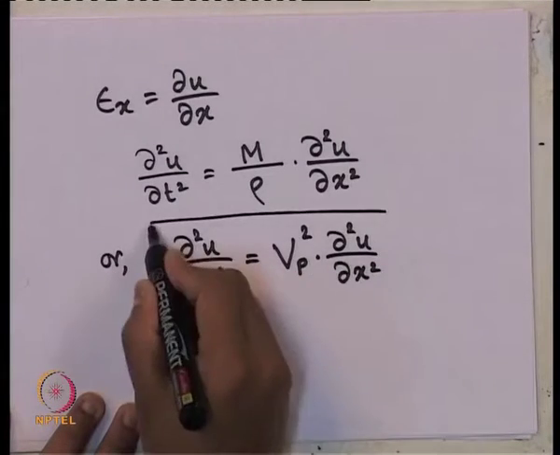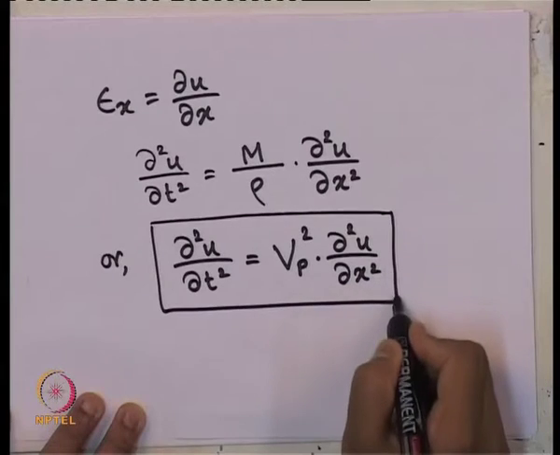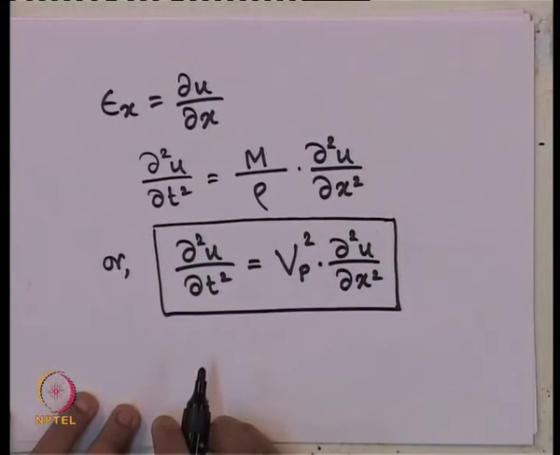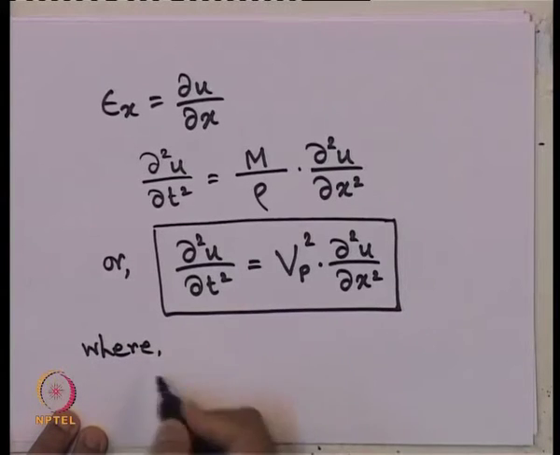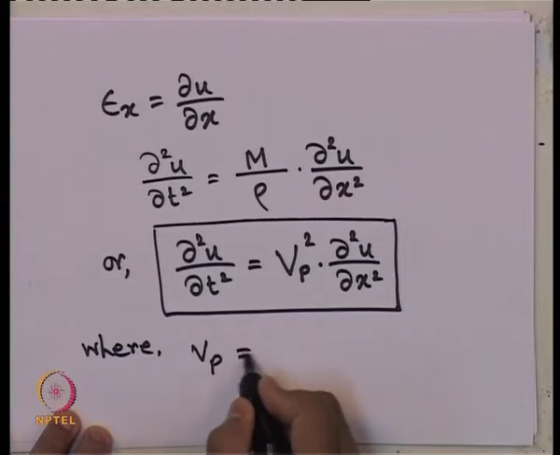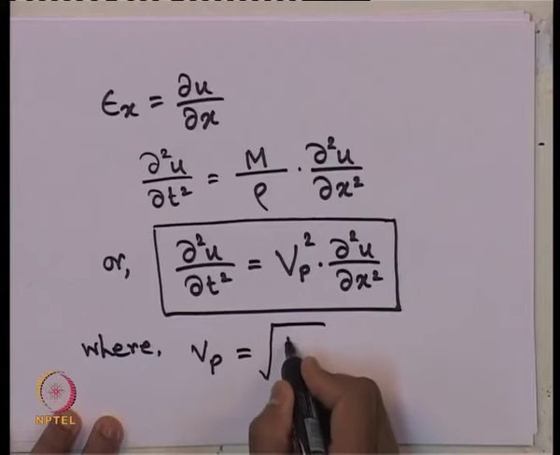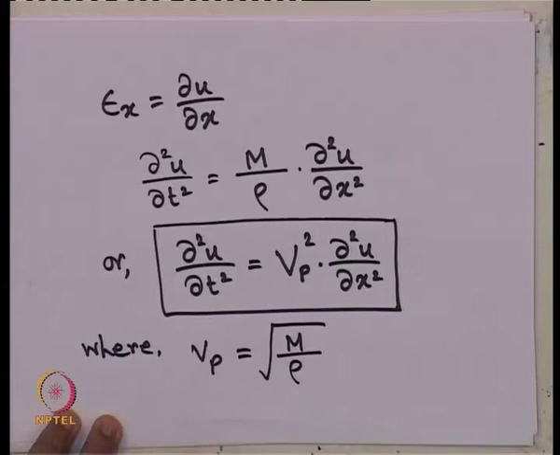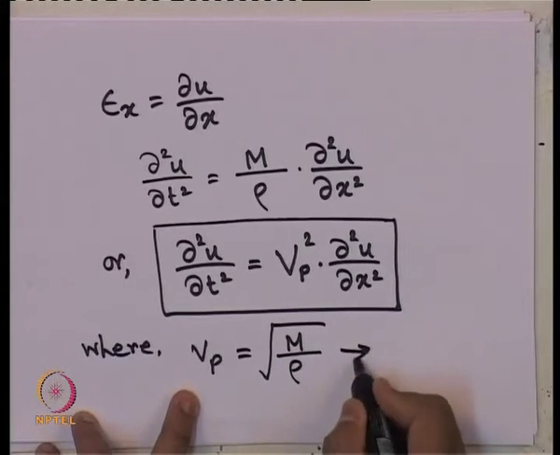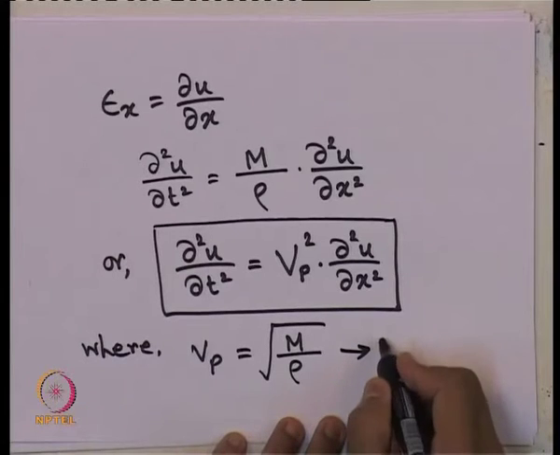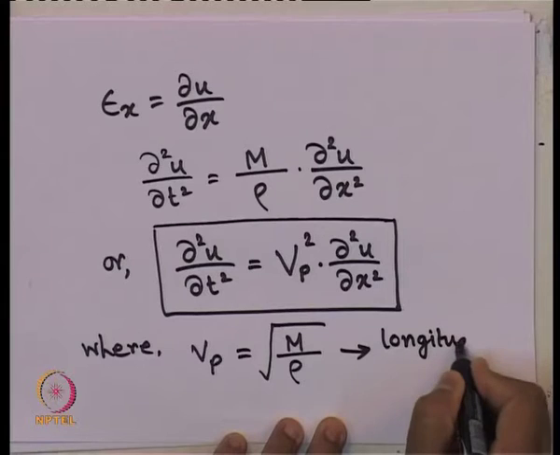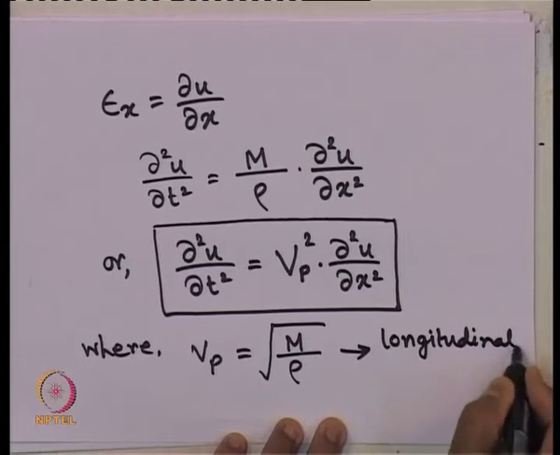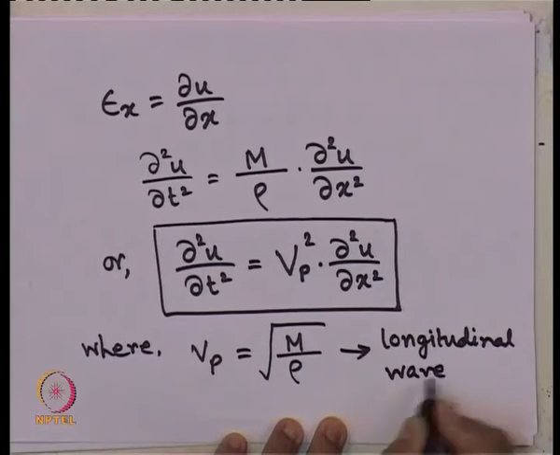This is the final form of the longitudinal wave equation in one dimension, where this V p is nothing but root over this m by rho, and this is called longitudinal wave velocity.